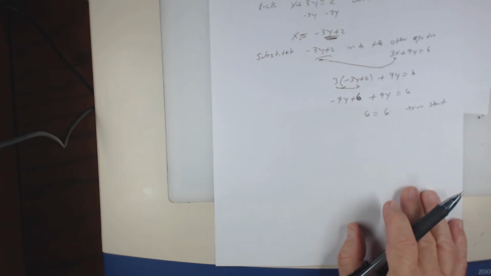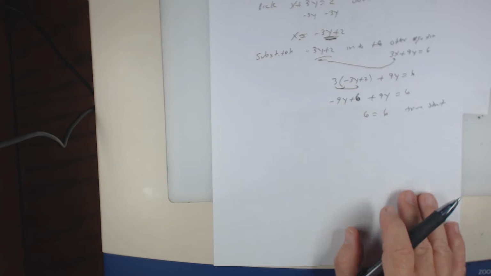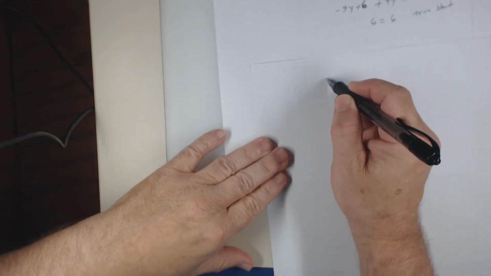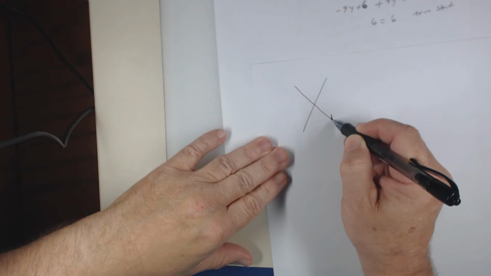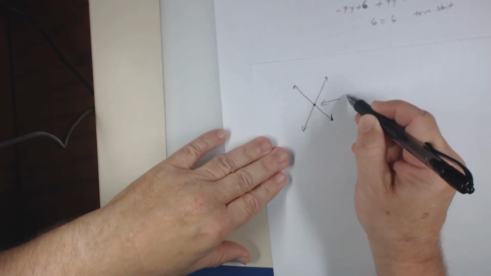Now, in terms of the graphing, here's what that means. In the lesson I asked you to look at, one of three things can occur. The graphs could intersect at one point, in which case you have how many solutions?